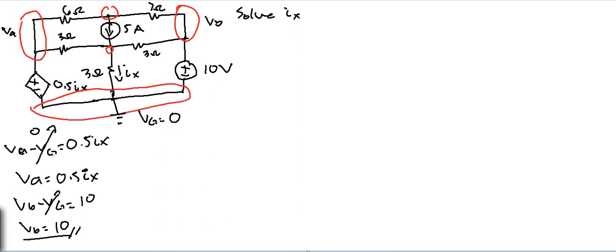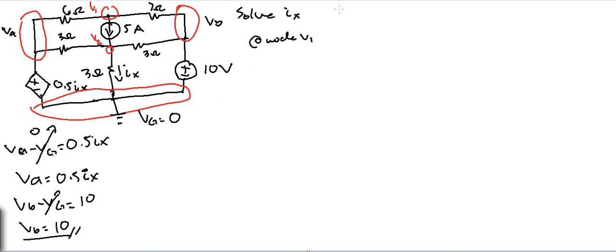Ngayon, for other nodes, we don't have values for them. For instance, we have this node and also this node. If I name this one V1 and also V2, what if I look for the node at V1? For our node V1, we have this one.